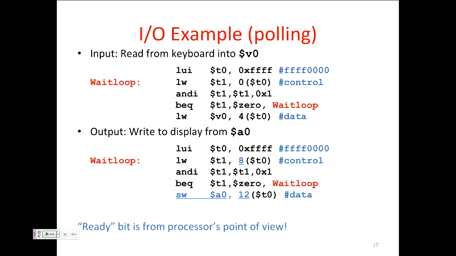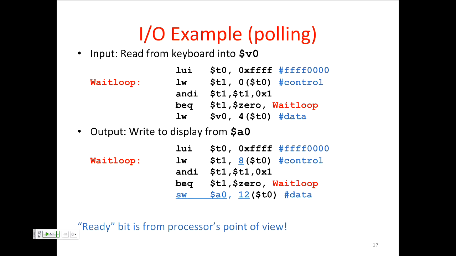For output, you can actually do the same thing. So for output, this control bit would actually mean something different. It wouldn't mean I have data available. It means I'm ready to receive data. And the reason you need that is that you could otherwise easily overwhelm the device. So imagine, for example, you have a storage device that can only store a certain number of bytes per second. And if you exceed that number, you would have to drop bytes because you would overwhelm the device.